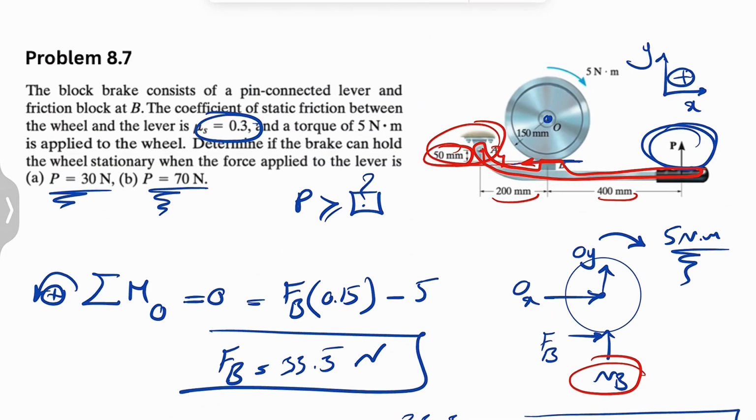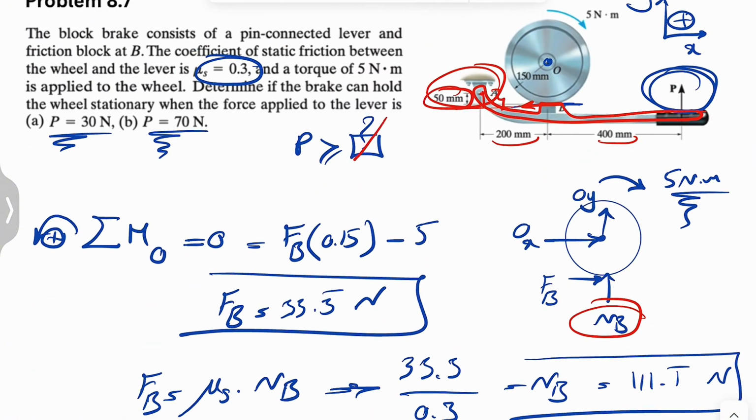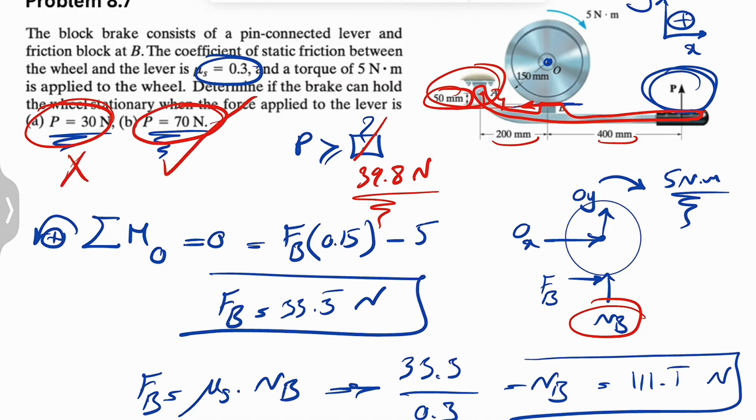And whatever value we have less than that, so the threshold was 39.8 newtons. So in part A, where P is less than this, the lever is not going to stop the wheel, but for the second part, because it's more than that value, we have sufficient force to stop the wheel.